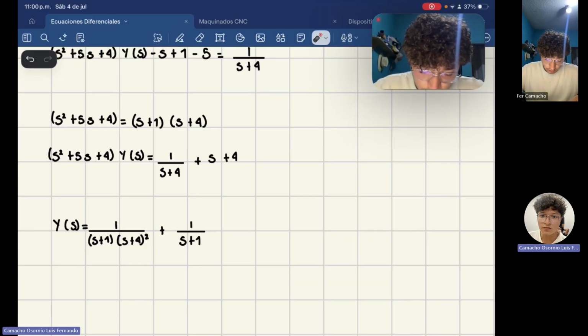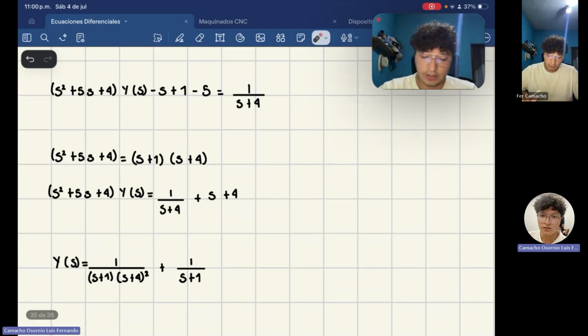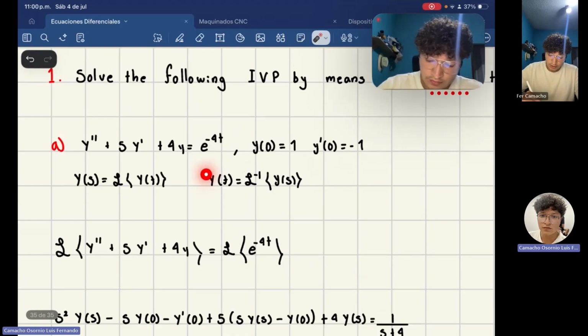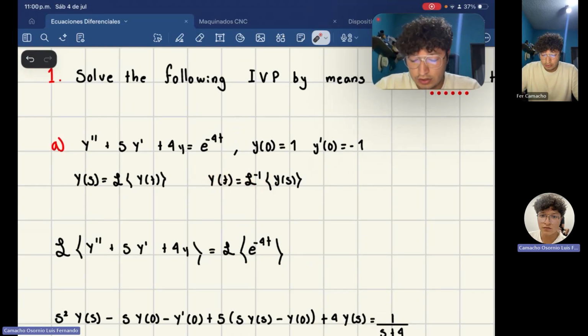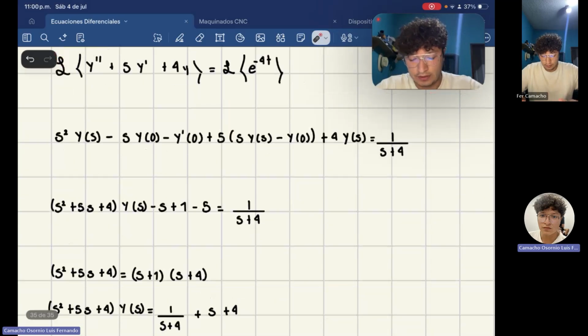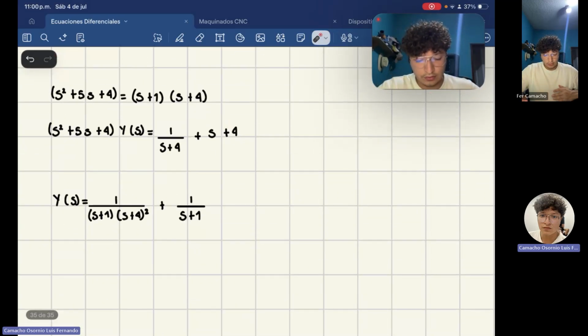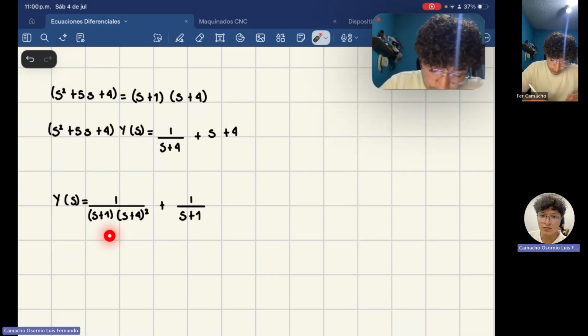After this, we are going to apply this, y(t) is equal to the inverse Laplace transformation of Y(s). But first, we are going to resolve this fraction by partial fractions.